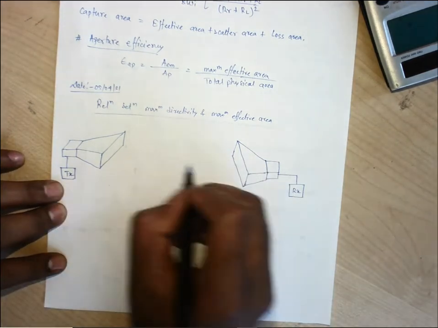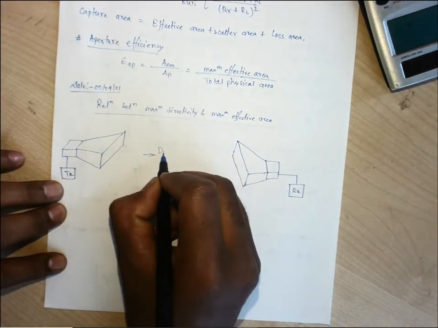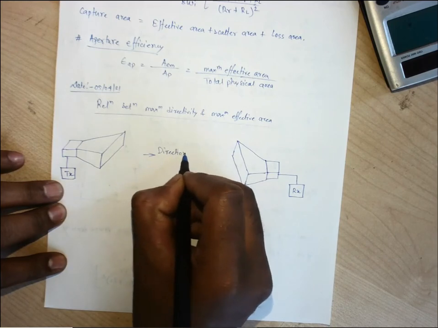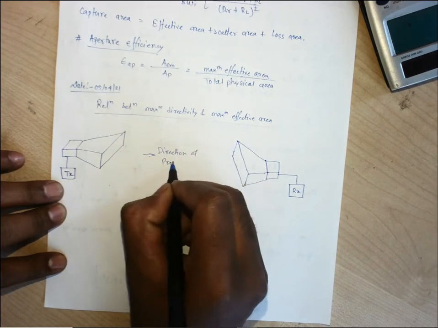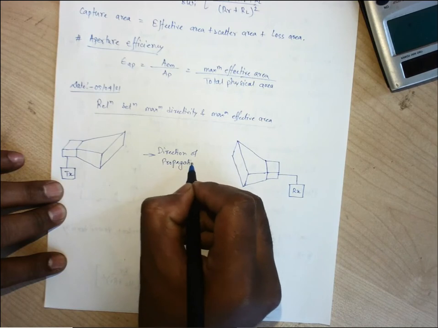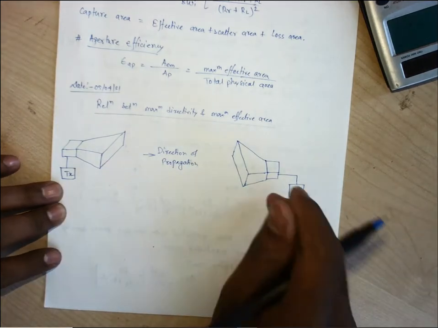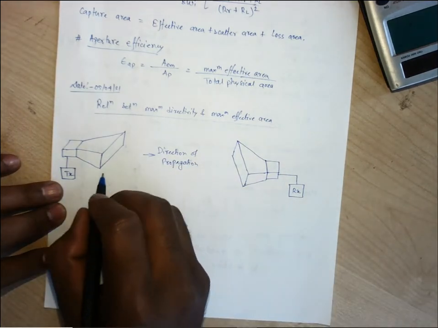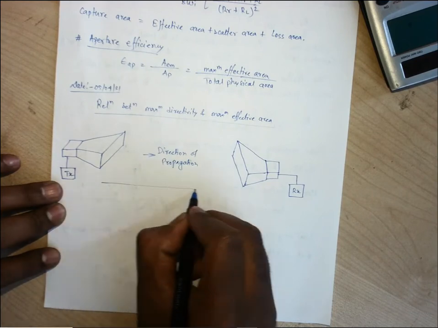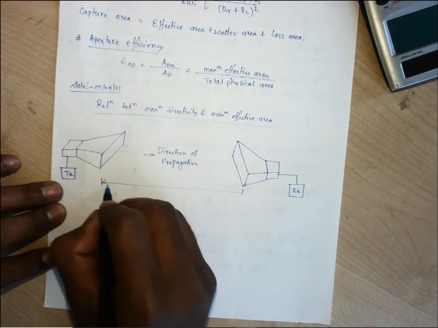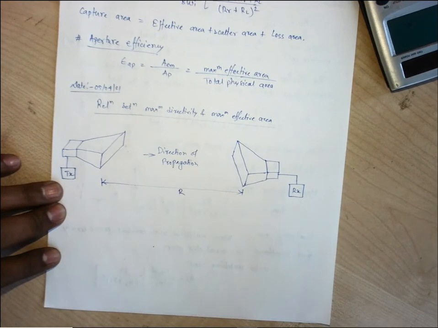This is the direction of propagation. This is your transmitter, this is your receiver. They are separated by a distance. Let us consider this distance is some r.